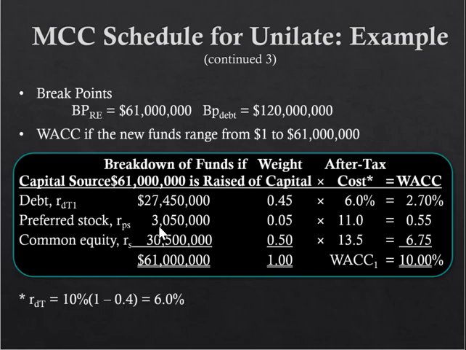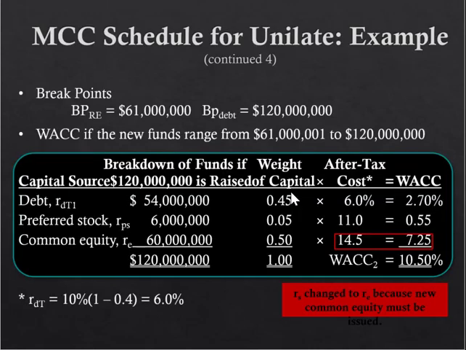You would raise an additional 3 million of preferred stock at 11%, and an additional $27,450,000 of debt because it comprises 45% of your capital stack, at 6% after tax. So the weighted average cost of capital just multiplies the weight times the after-tax cost, which gets you a 10% weighted average cost of capital. And again, you can see how the debt works down here based upon what we built up earlier.